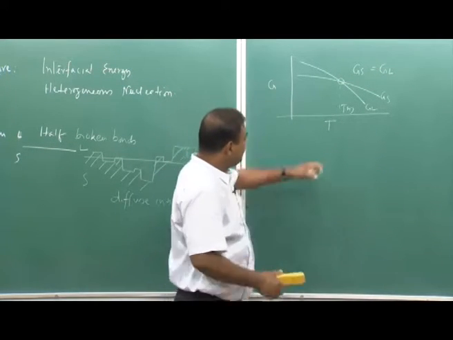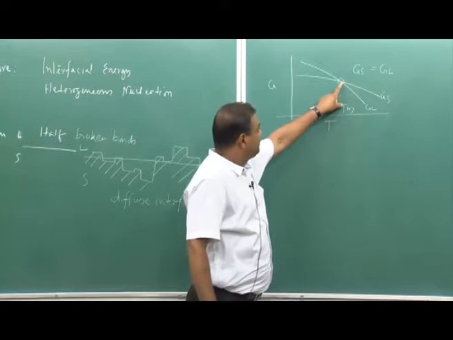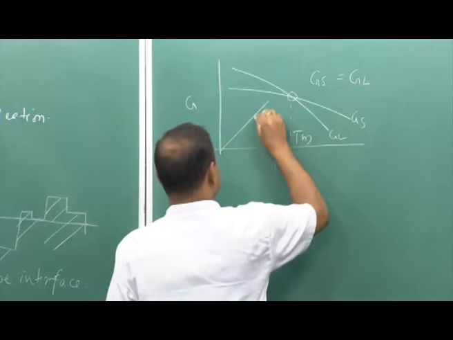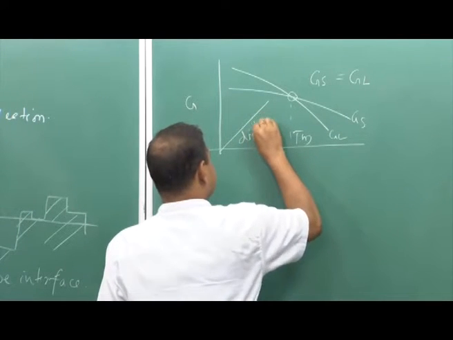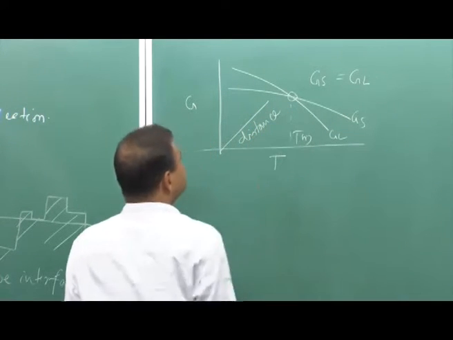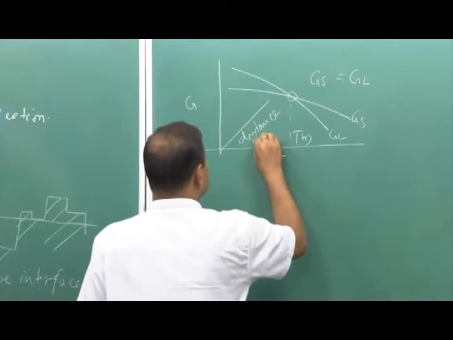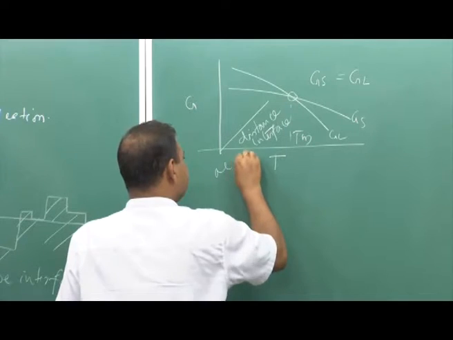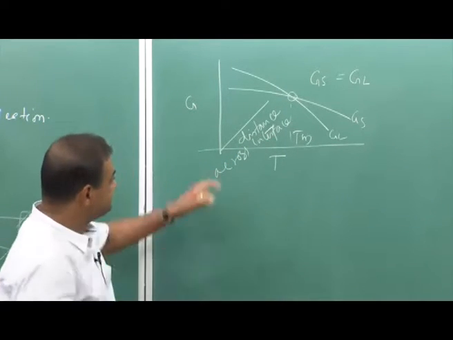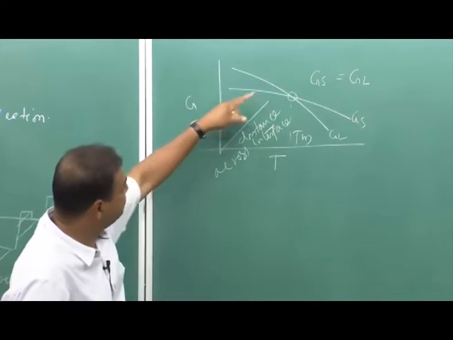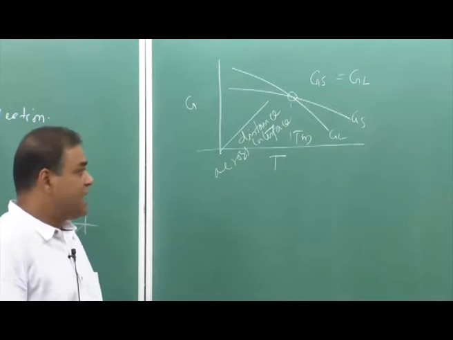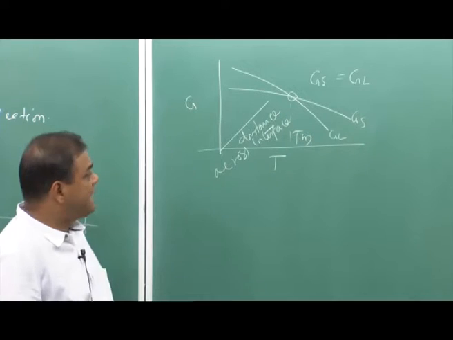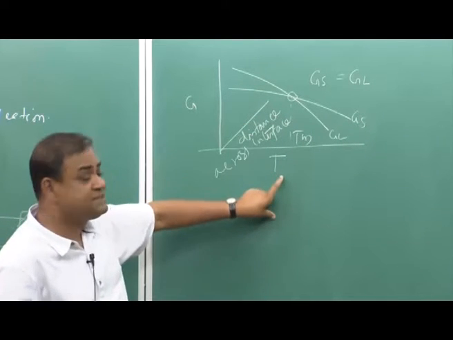Now, if I do another axis, and if we consider this is the distance axis, distance across the interface, and we try to see what the situation is along that particular line if we fix the temperature.